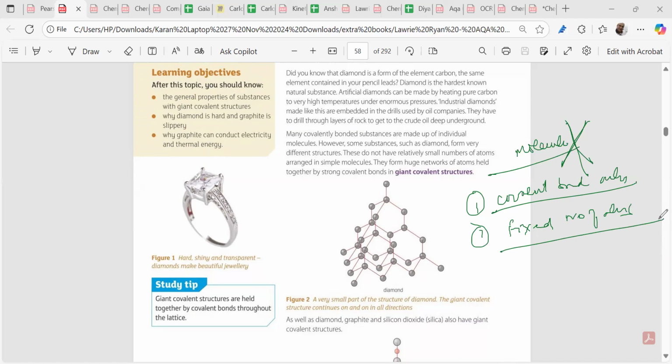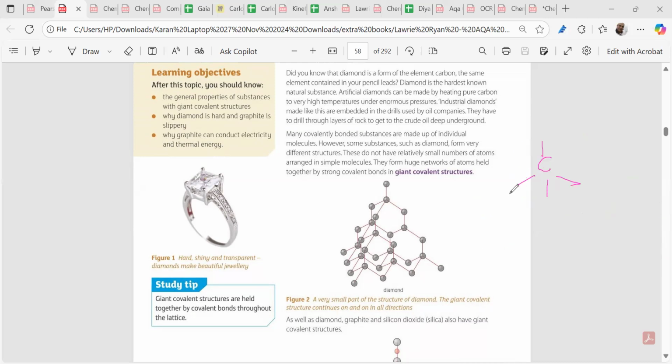It does not. Why? Because in diamond, what's the structure? In diamond, we have one carbon attached to 4 other carbons, right? And that's not all. This goes on and on and on, in a gigantic lattice structure. This is the thing we have to master.